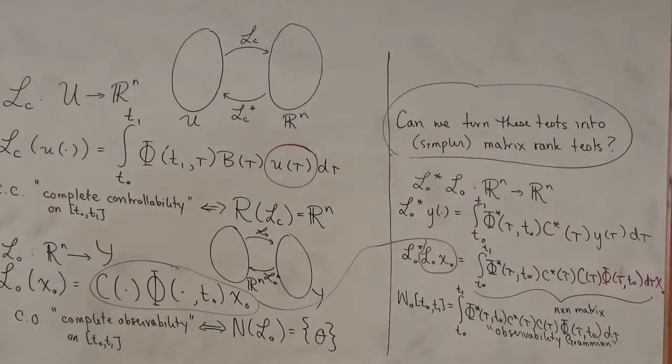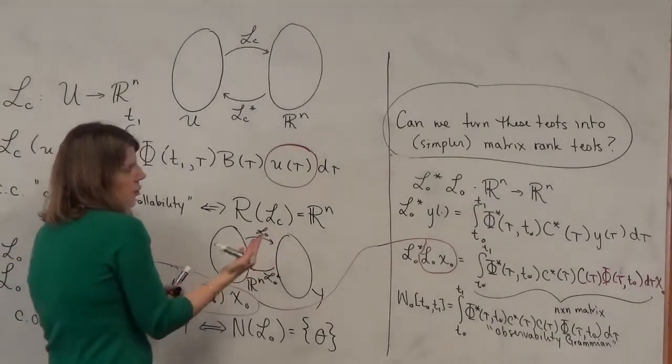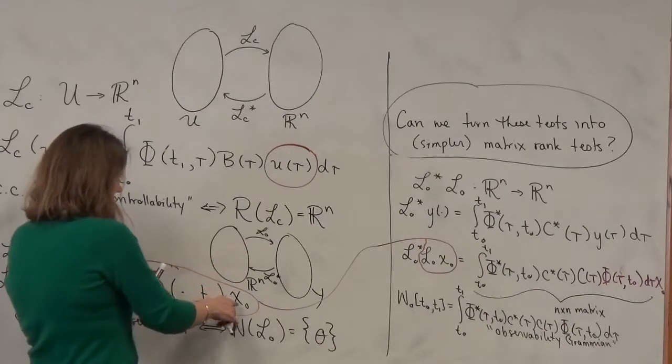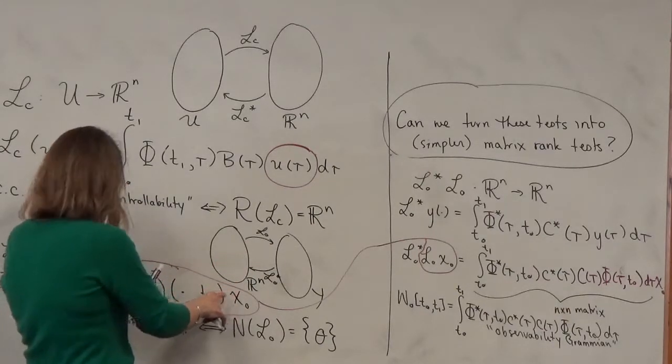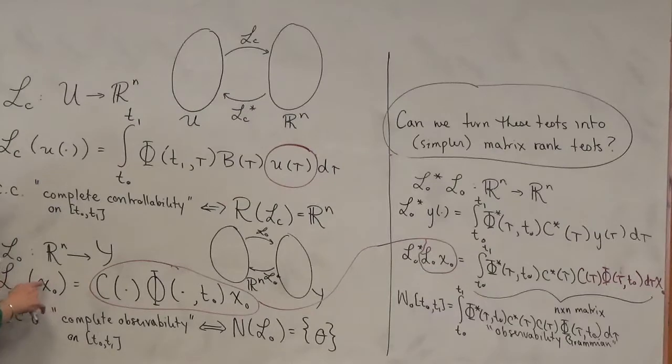Comparing the controllability one we did and the observability one, this one has an x0 at the end, and the one previously did not. It doesn't really matter what you call it. It's just a vector in Rn. I called it x0 here because typically we're operating on a state representing the initial state.